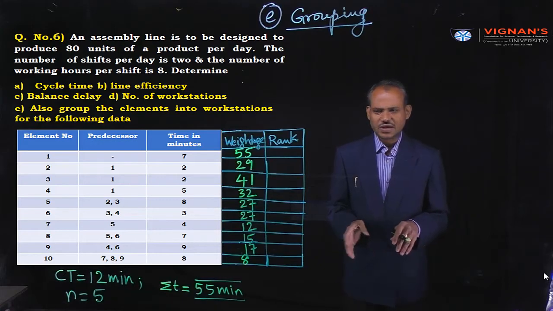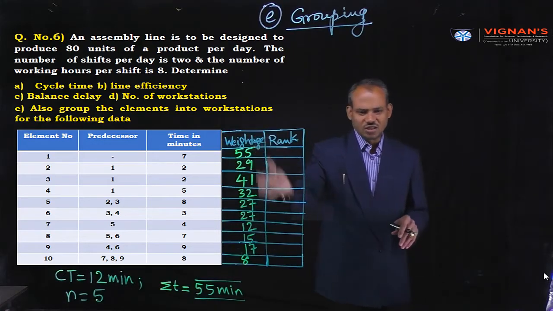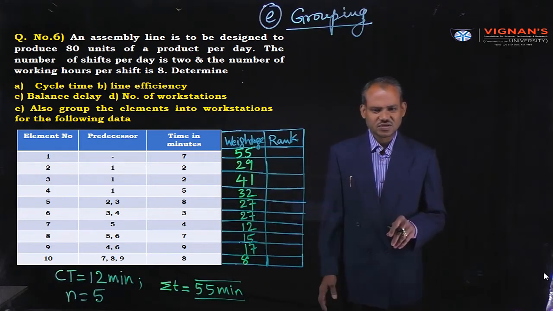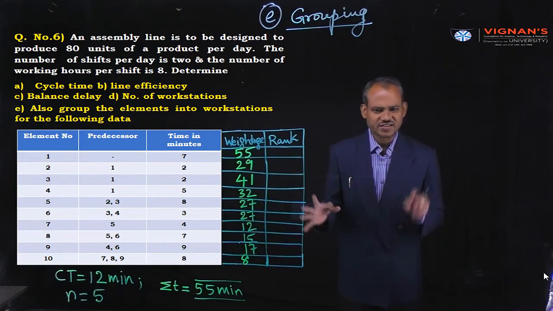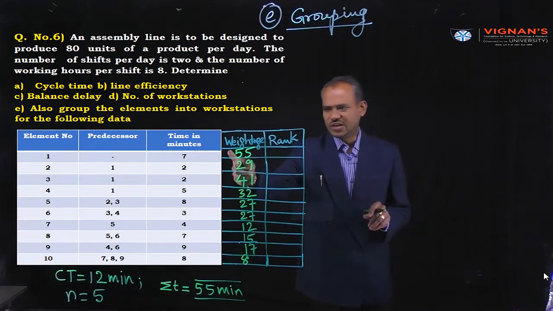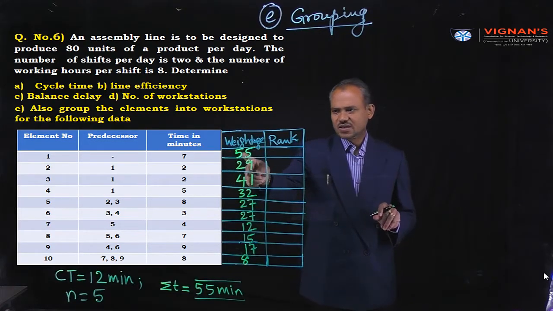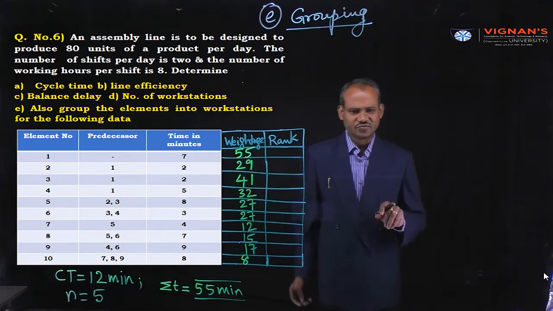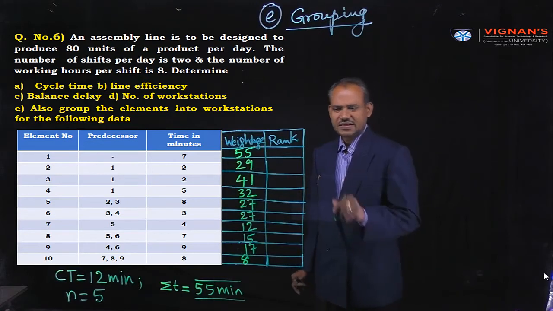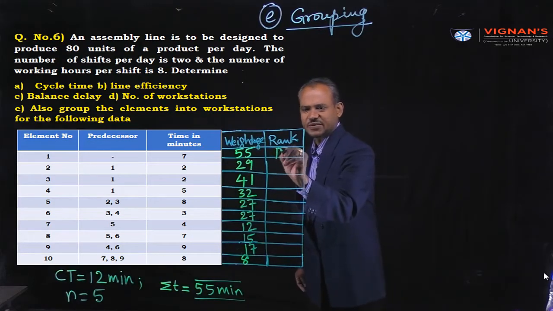Observe, among all these 10 elements, which element has the highest weightage? That is element number 1, with the maximum weightage of 55 minutes. Therefore assign rank 1 to this element.